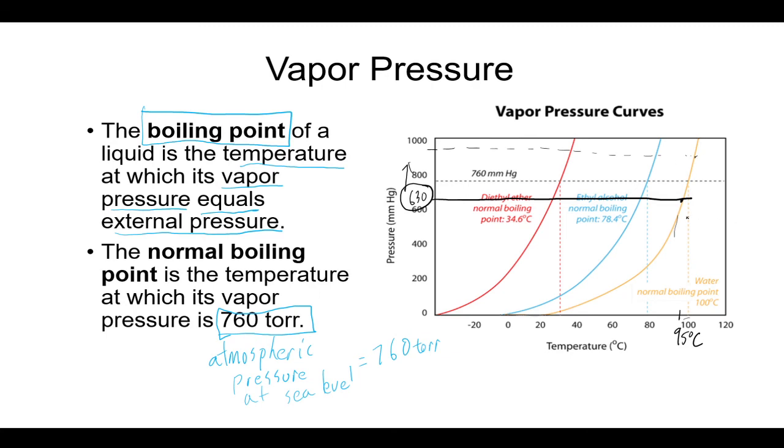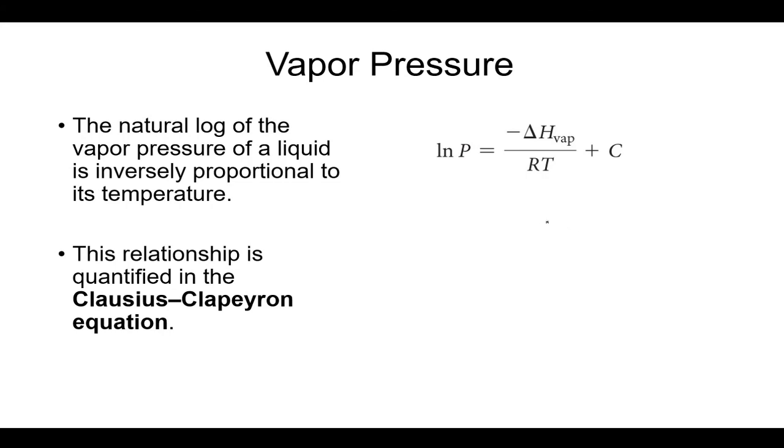Now, you can actually quantify this with an equation that looks like this: the natural log of the vapor pressure, which we'll call P vapor, of a liquid is inversely proportional to its temperature, and it has something to do with the delta H vaporization, the energy it takes to liberate the liquid to the gas phase.